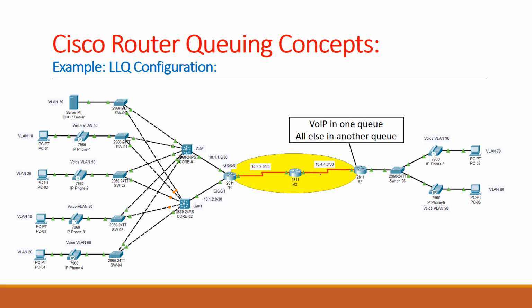So for the same example, we will configure VoIP in one queue and all other traffic in another queue. So let's go to the configuration and just configure low latency queuing.